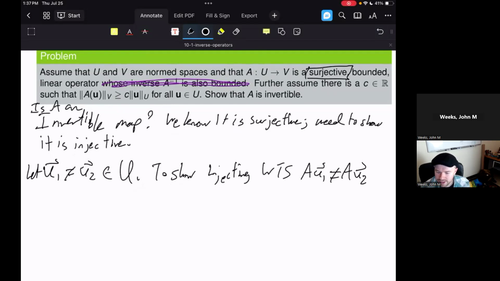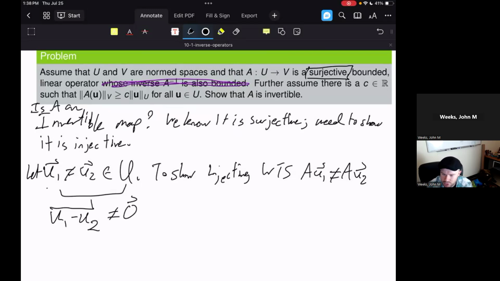Well, we could start by looking at what this is as a single vector. We see here that the only thing that's involved is a single vector U, and we can form addition and subtraction of vectors inside of a vector space. That is well defined. So if I took U1 not equal to U2 and tried to consider them as a single vector, one way that I might do that is try subtracting one vector from another and look at the single vector U1 minus U2, which is not the zero vector then.